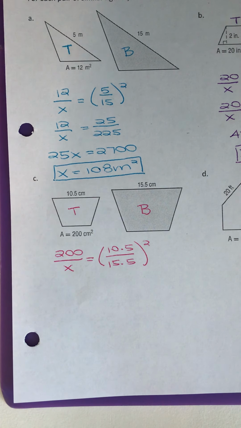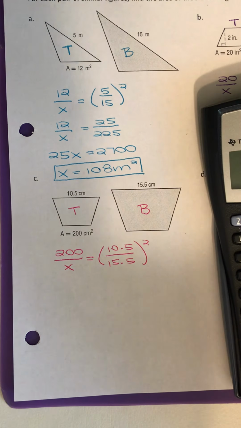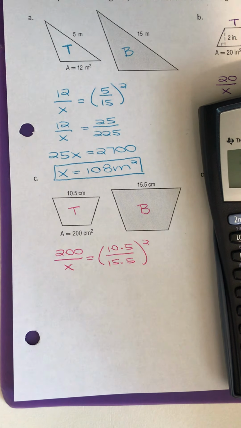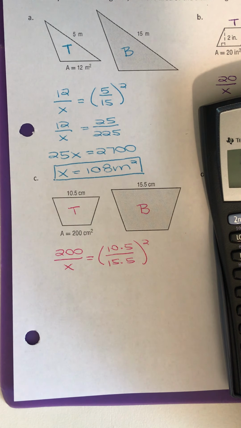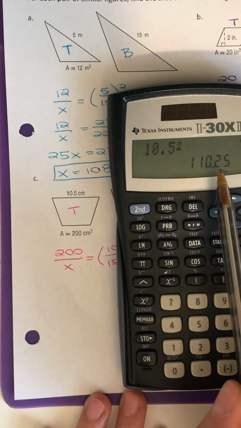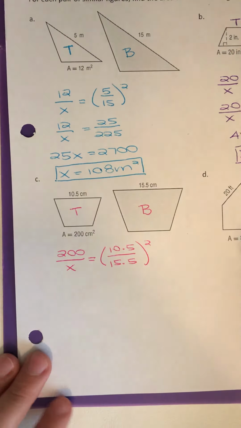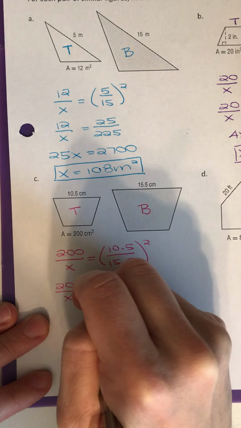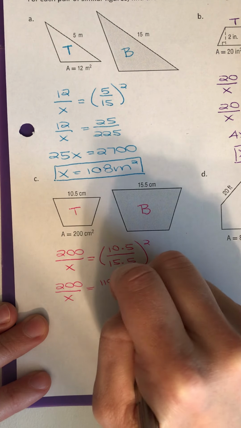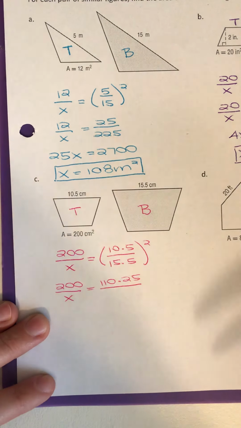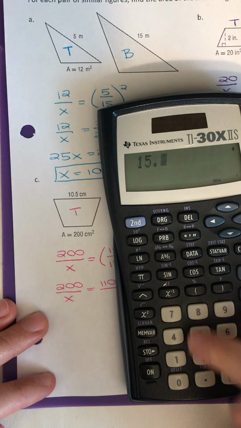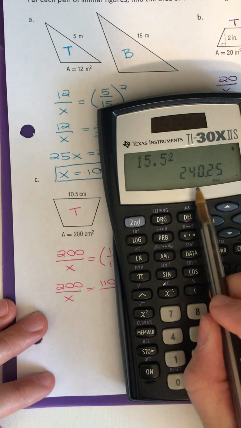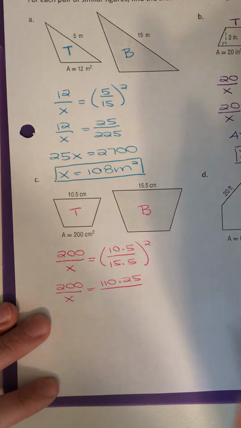We have to square those. 10.5 squared is 110.25. And 15.5 squared is 240.25.